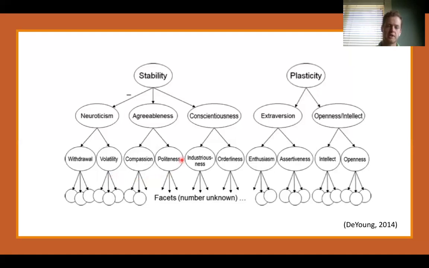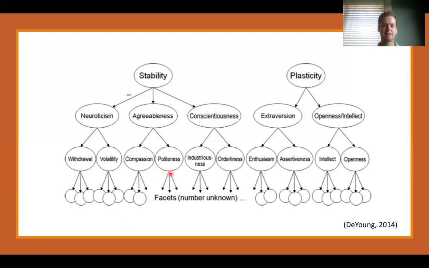So agreeableness is broken down into the aspects of compassion and politeness. Compassion is essentially empathy, the ability to feel the feelings of others and have that joining relationship. You can see how the ability to do that would affect stability because you are able to build more stable social relationships. So that's more the building aspect of social relationships.